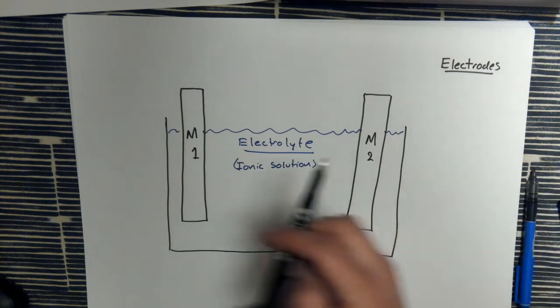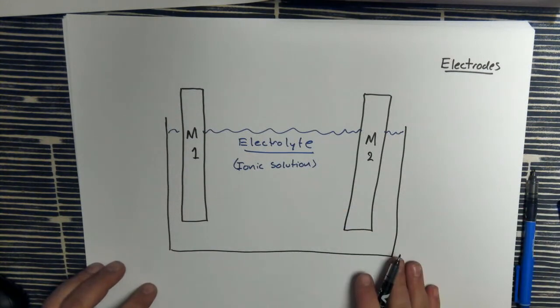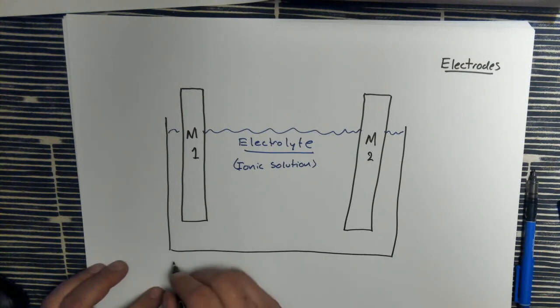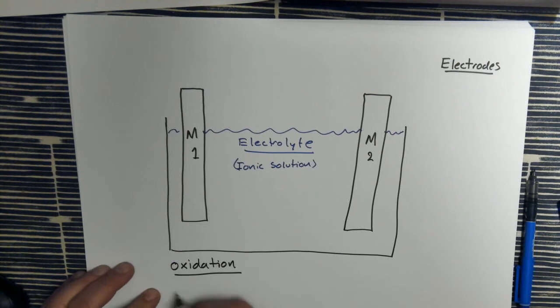So in order for this to work, as I said earlier, there has to be an oxidation and a reduction. So we're going to just label this arbitrarily. We're going to say that metal 1 is undergoing oxidation. And this is the loss of electrons.